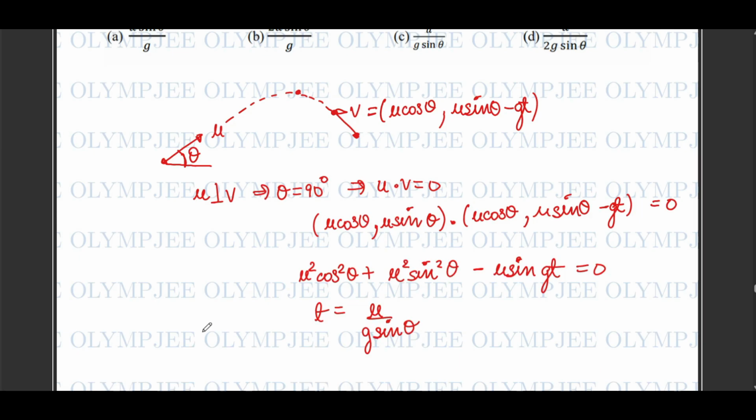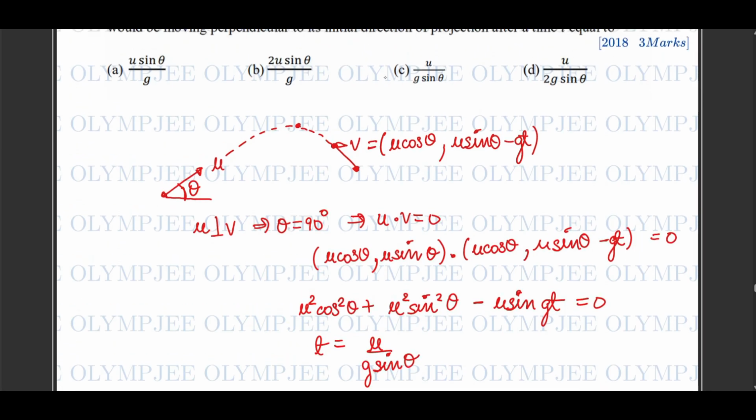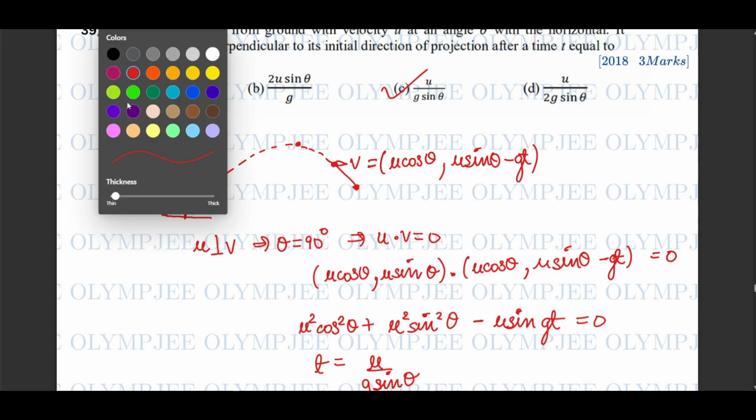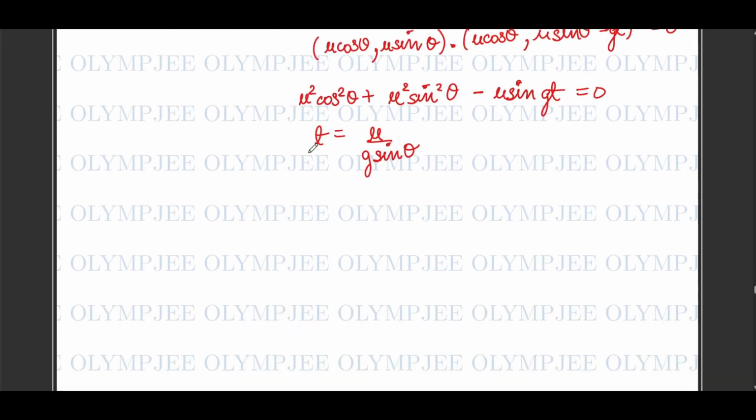So the answer will be the option. But I would like to add a note that it is not necessary that this time must be less than the time period of the flight. It is possible that this time can become more than the time period, so the velocity will never be perpendicular, because the particle will hit the ground before the velocity becomes perpendicular, and that will happen when this is greater than 1.